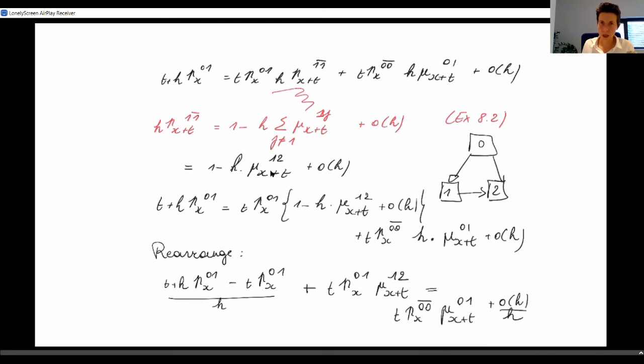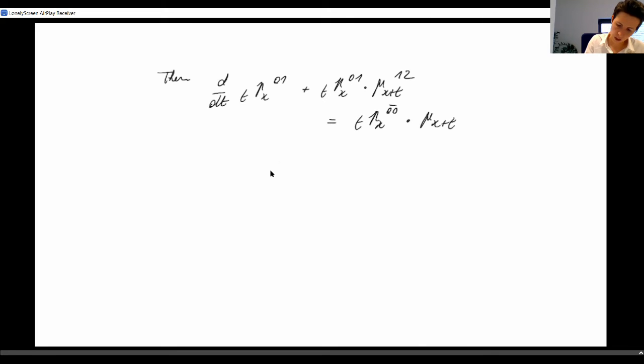If I take the limit for h running to 0 on all sides of the equation, then I'm left with the derivative with respect to t of tpx01, plus tpx01 multiplied with mu x plus t 12, is equal to tpx00 bar multiplied with mu x plus t 01, because the limit of little o of h divided by h is going to be 0.